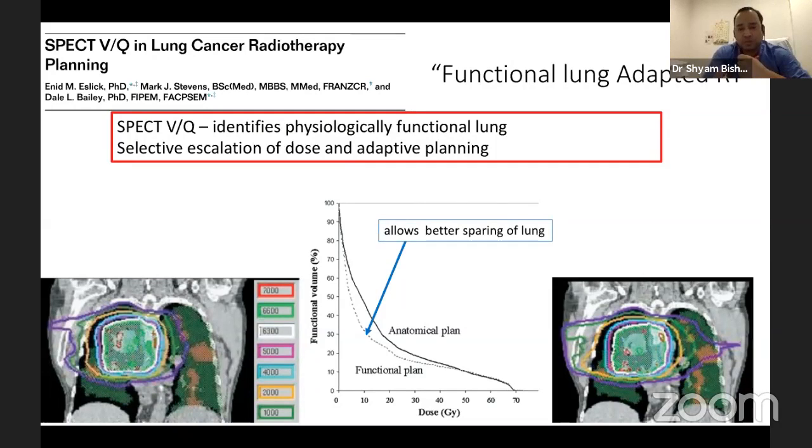This study compared the anatomical-based plan and the functional-based plan using the ventilation perfusion SPECT scan. As you can see in the DVH, with the use of ventilation perfusion functional imaging, the lung could be preserved. A lesser dose was received by the functional lung, so there is a decreased dose to the OAR.